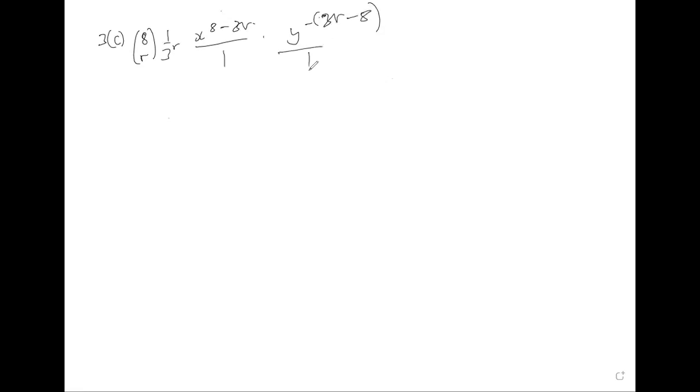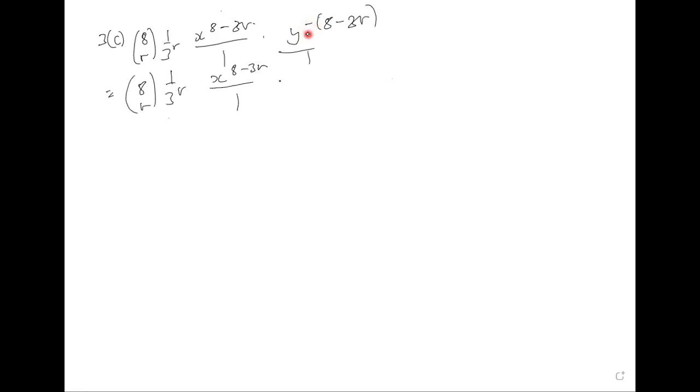Okay, we say this is over 1. So we had 8 minus 3r. This is over 1. So we have 8 choose r, 1 over 3 to the r, x to the 8 minus 3r over 1. Then this part here, the power is negative.